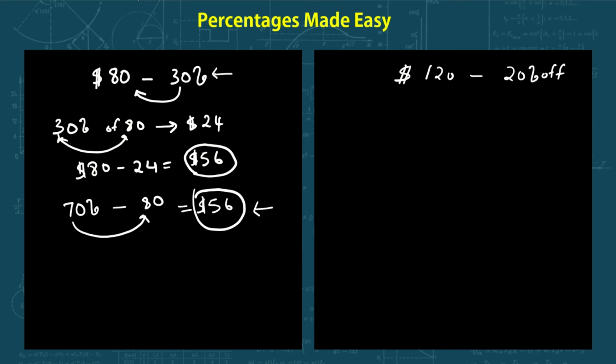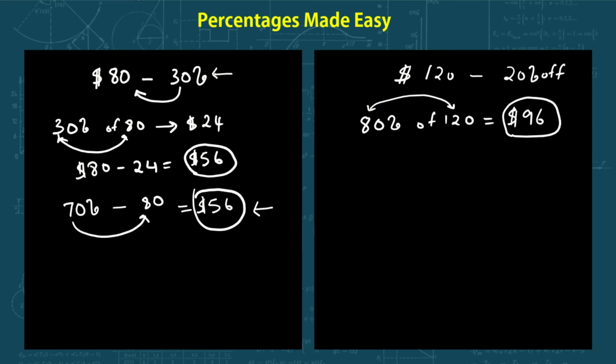So 100% cost me 120. 20% off means I only be paying 80%. So 80% of 120 will give me 8 times 12 is my answer. 8 times 12 is 96. That's the cost of my product.